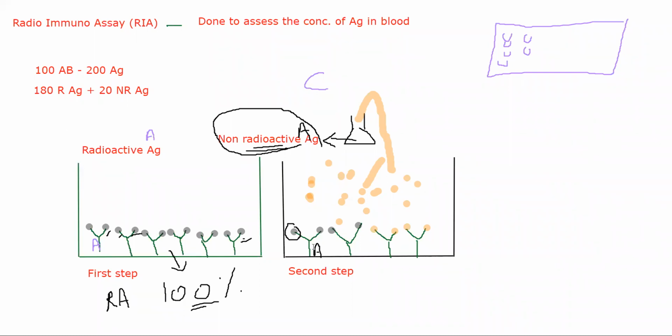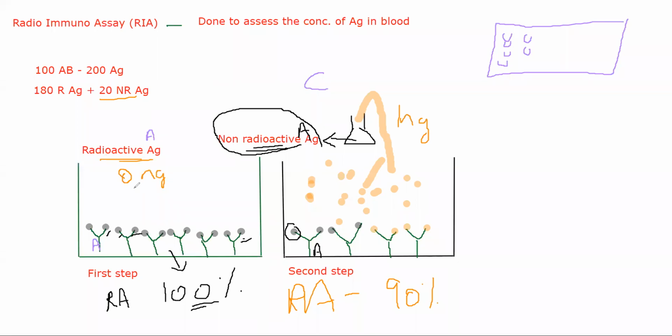So at this second step, if I measure the radioactivity, I will find that it is 90%, because there is a 10% decrease. 10% of the radioactive antigens have been removed, meaning 10% of the radioactivity has decreased. If I plot that on a graph, let's suppose the concentration of the non-radioactive antigen that I poured inside is 1 nanogram. Initially there were 0 nanograms of non-radioactive antigen.